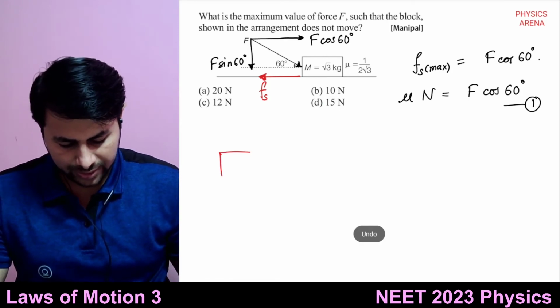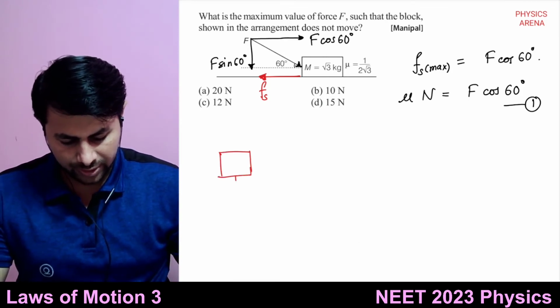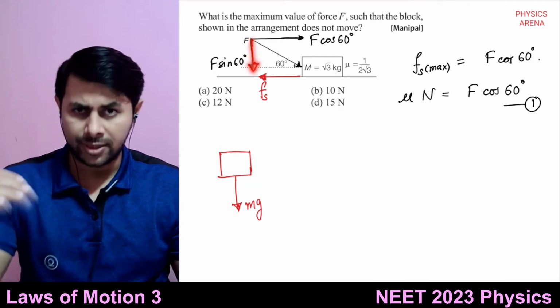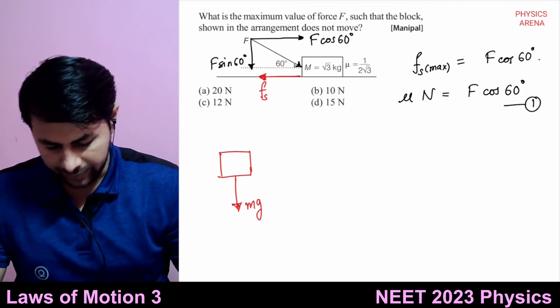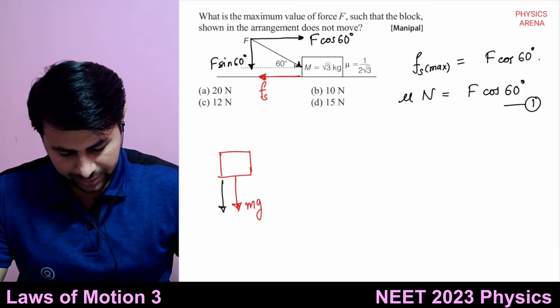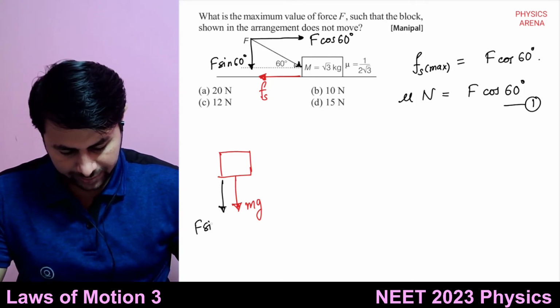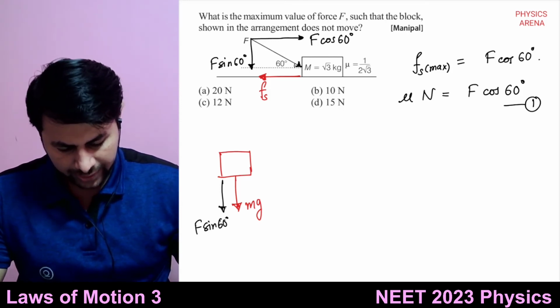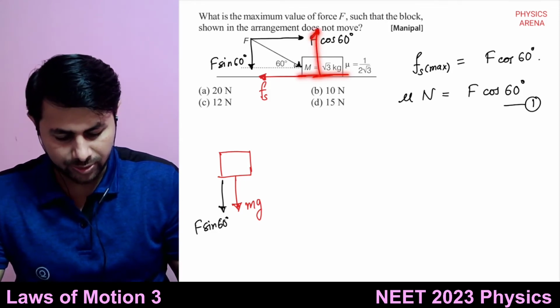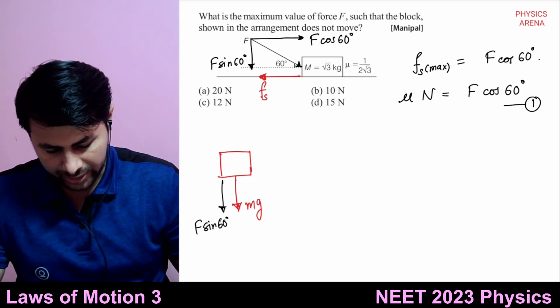This force F sin 60 is also acting downwards, and the normal reaction due to the floor will act upwards.